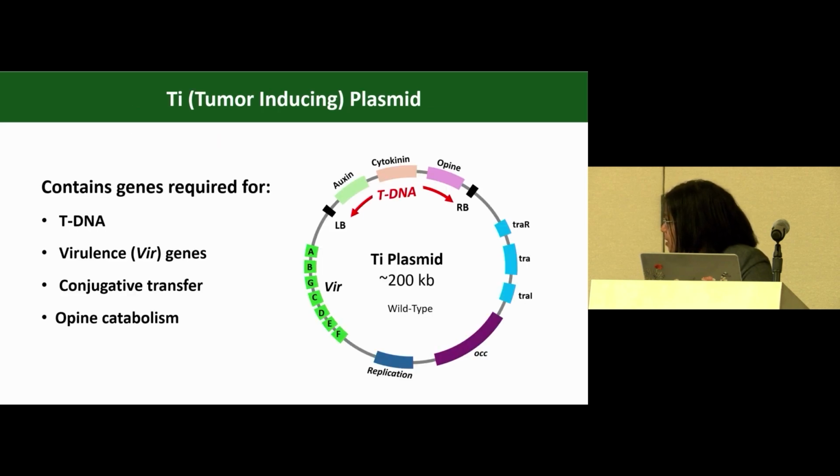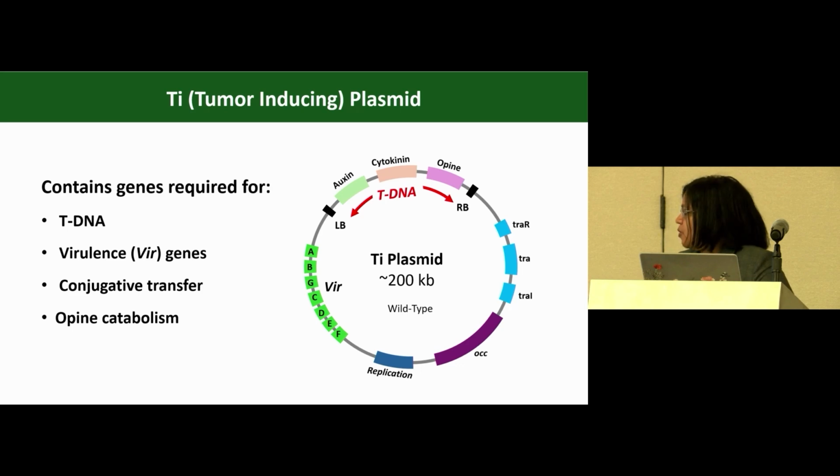There is a virulence machinery, and the replication genes for this plasmid. Opine synthesis, so many of you may not know because most of us work with a disarmed plasmid, and so you don't care about the opine. But Agrobacterium had this so that it can make the plant produce its own food.